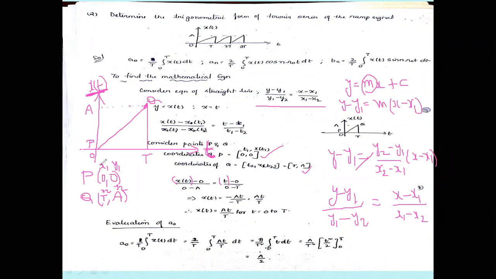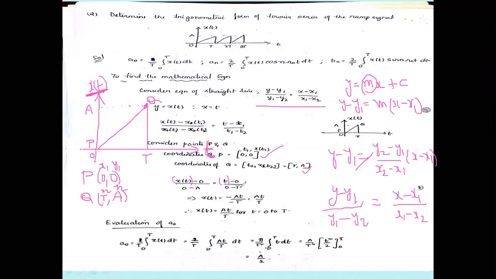Whole divided by x1, which is 0, minus x2. What is the x2 here? The T.